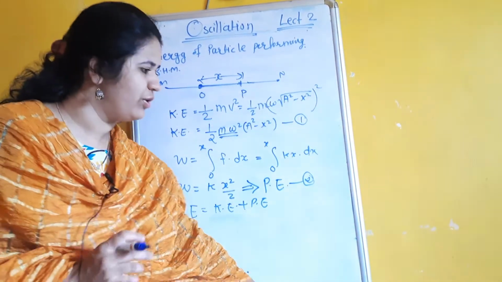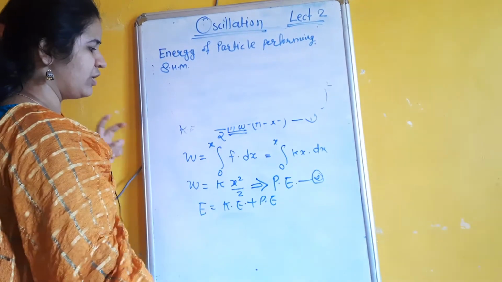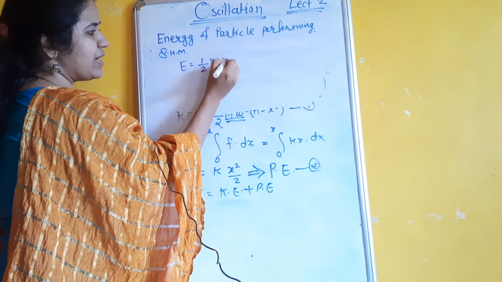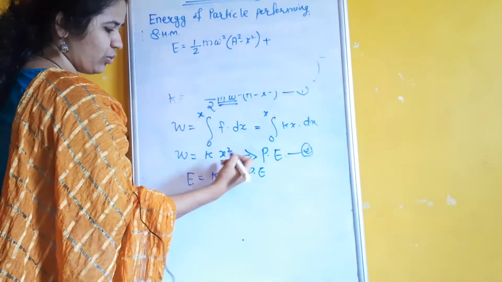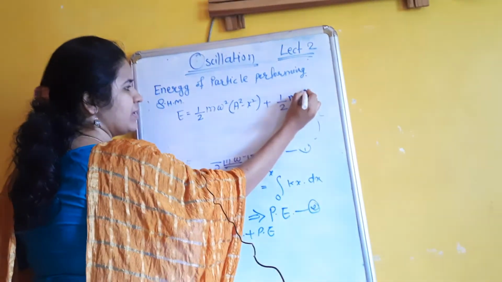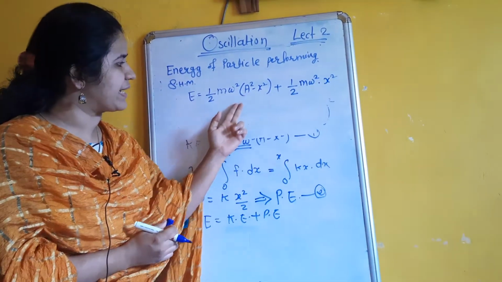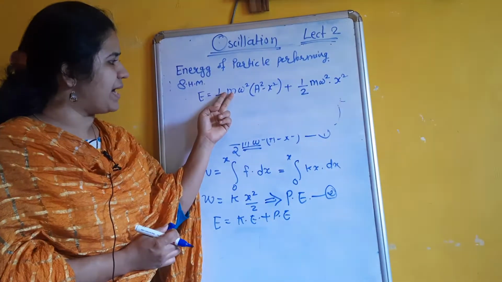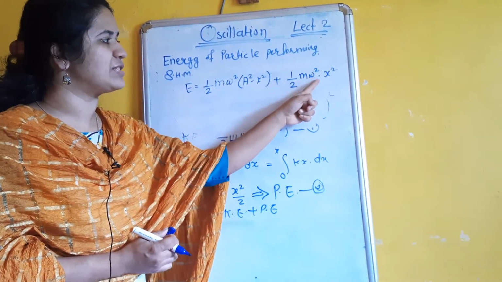Therefore the total energy E is equal to half m omega square (a square minus x square) plus half k x square, which means half m omega square into x square. If we multiply the bracket, we get half m omega square a square minus half m omega square x square, plus half m omega square x square.